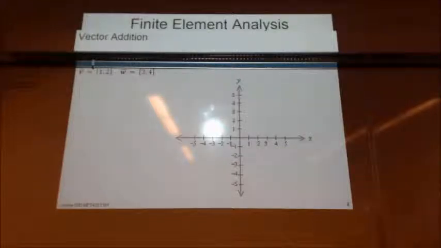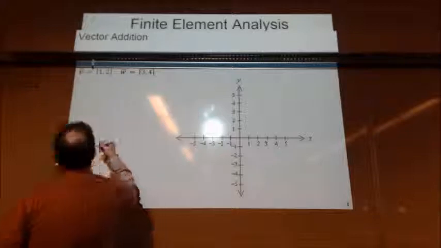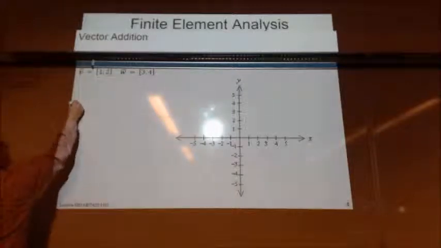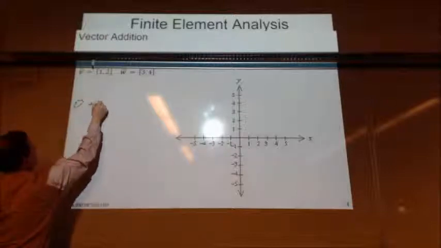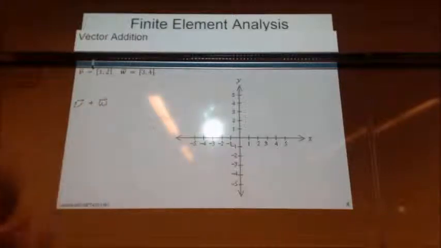When we do vector addition, what are we doing? If I want to add B plus W, what am I going to do?